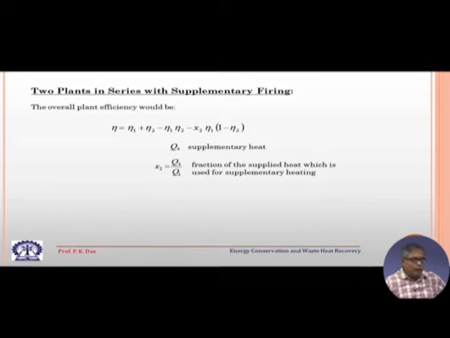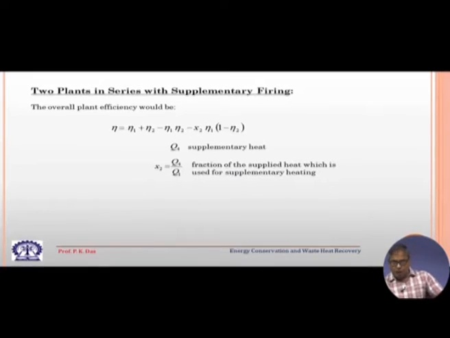Now, with this we have got more or less some general idea how the efficiency of the combined cycle will change and how we can get a high enough efficiency for conversion of thermal energy into mechanical work.